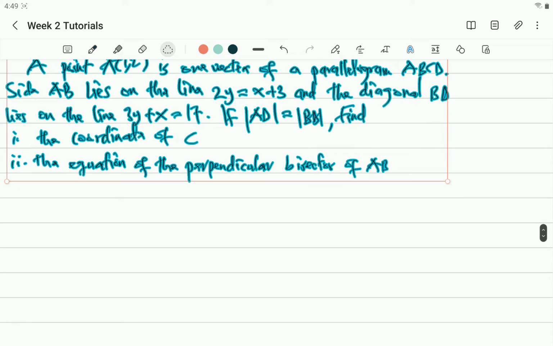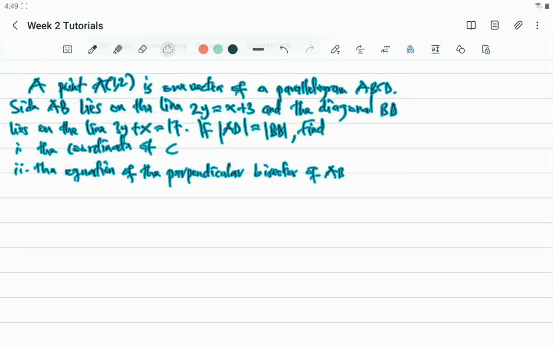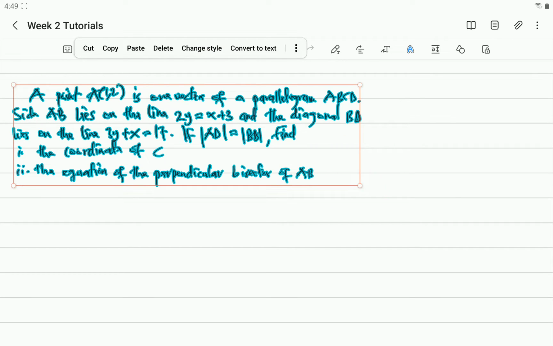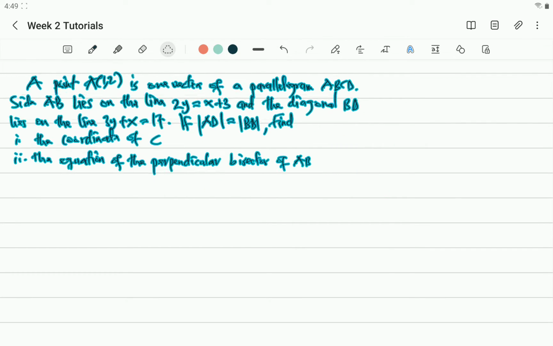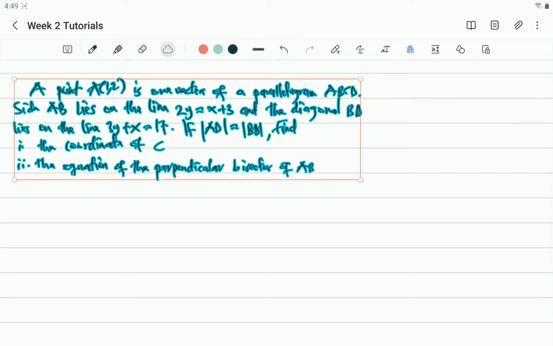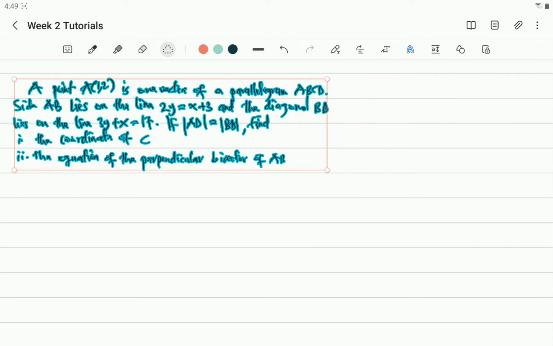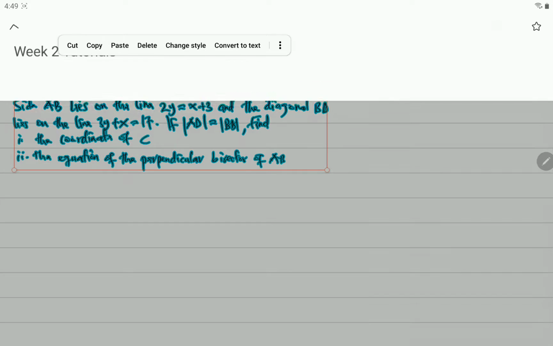Now, like I've been saying, if you are given a question like this to solve, usually it is appropriate to sketch that question, then that would guide you in knowing how you would solve it. So we are going to draw the question on an XY plane, or more or less summarize the question on an XY plane so that we get to understand it more.